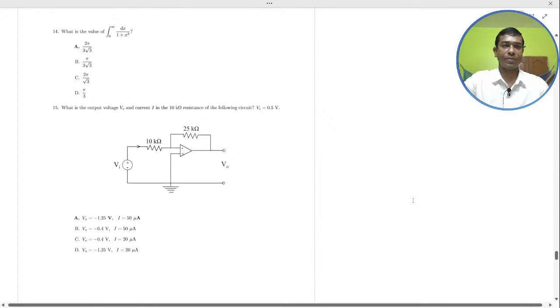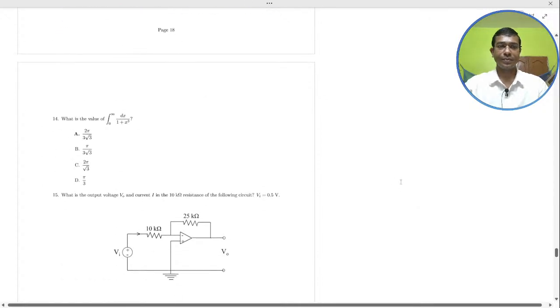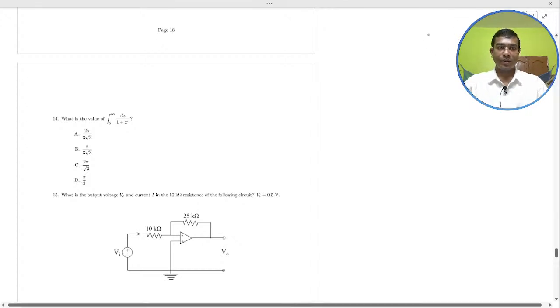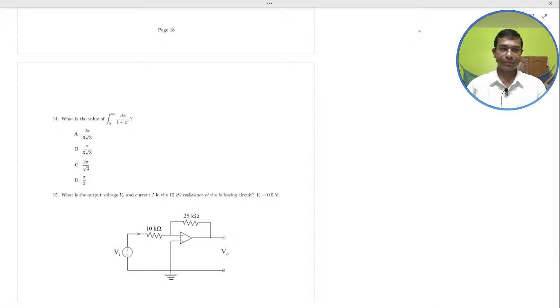Next question, question number 14. What is the value of the integral from 0 to infinity of dx by 1 plus x cube? This is basically the standard form of the integral from 0 to infinity of 1 by 1 plus x to the power n dx, solved by the complex variable method.